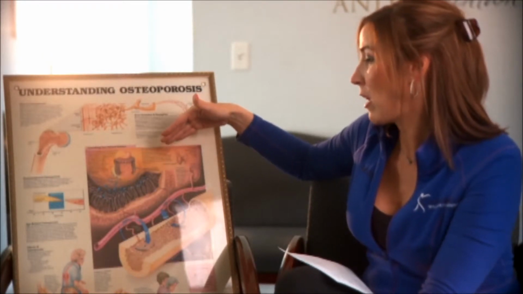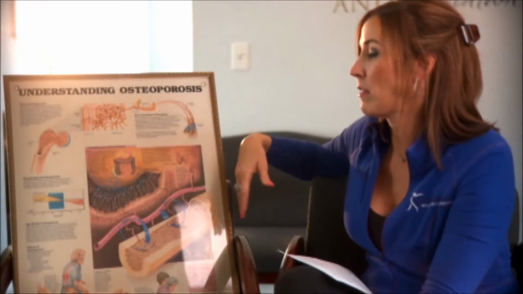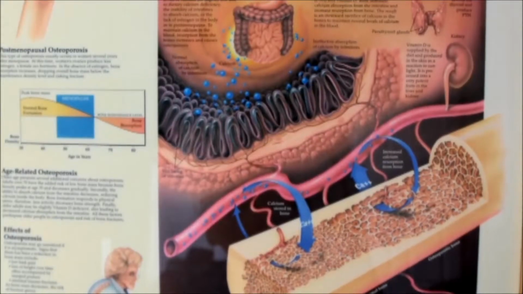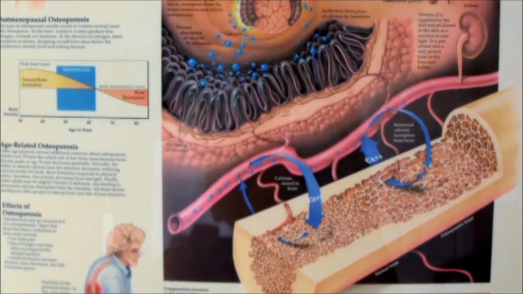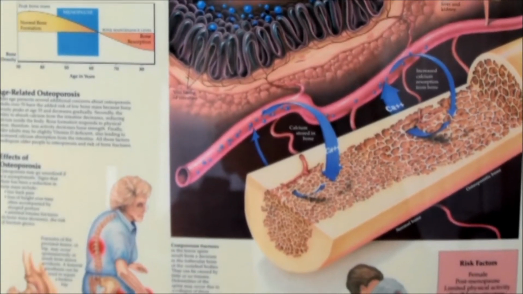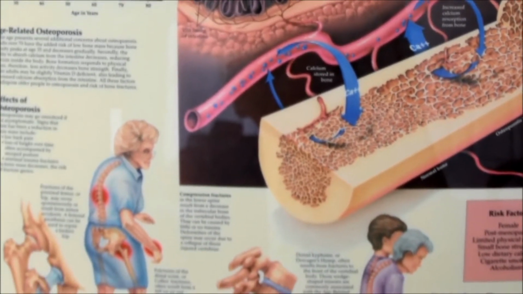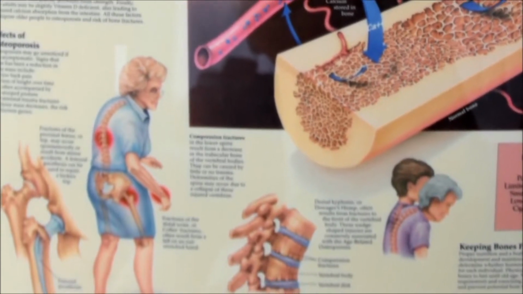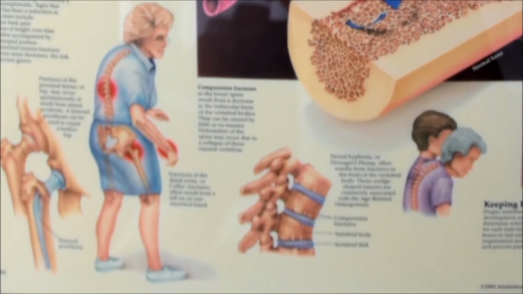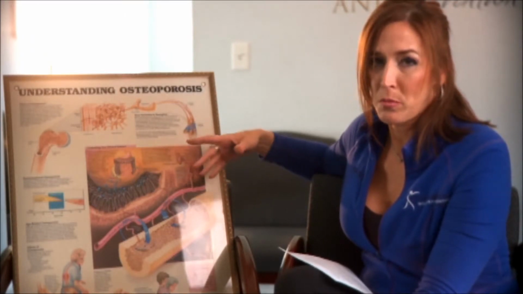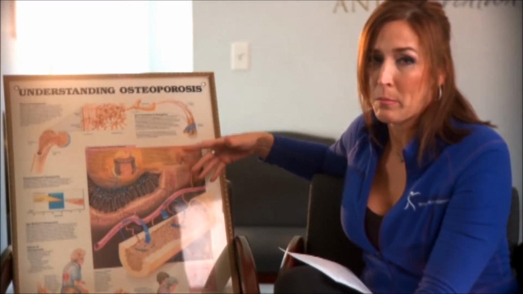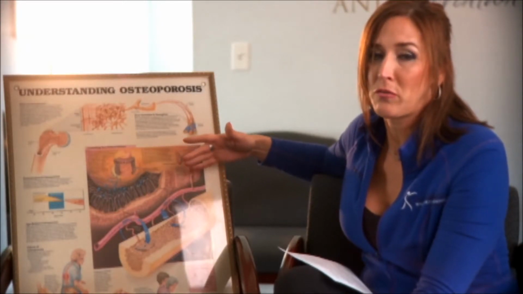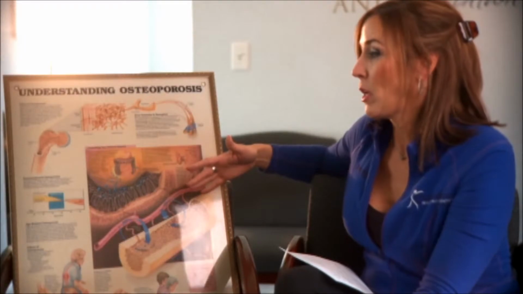The risk factors of osteoporosis have long been thought to be: you're slight in frame, you don't exercise, you're a female, you're postmenopausal, and you're small boned. That's what's been thought in the past. I see just as many males as females with osteoporosis, and it's again 100% preventable. So let's talk about your risk factors versus what we're going to do to supplement.